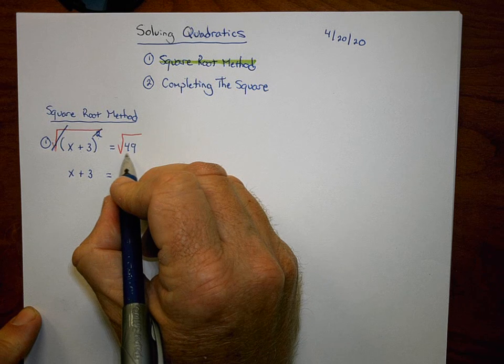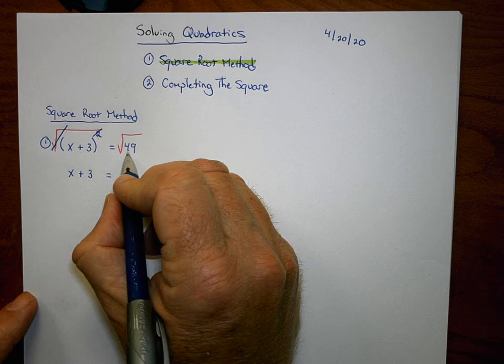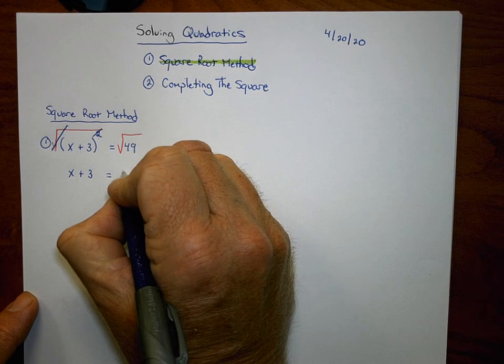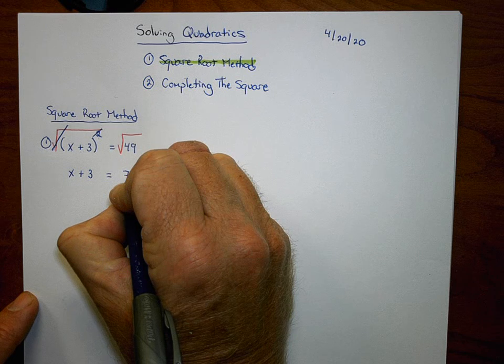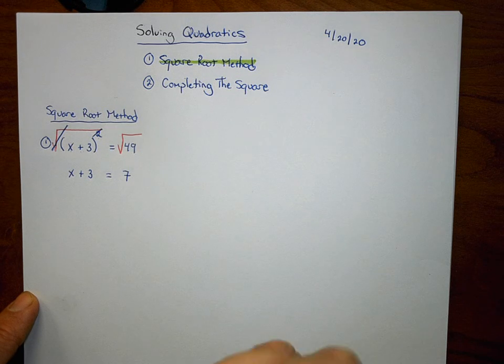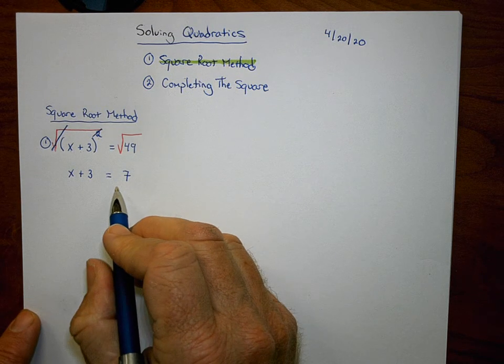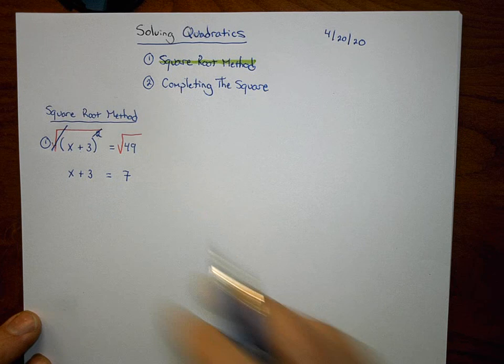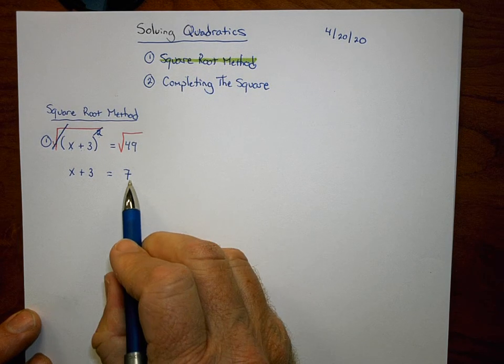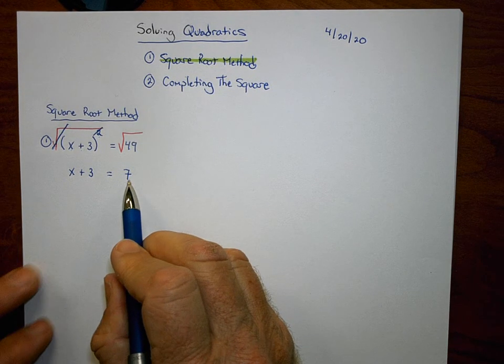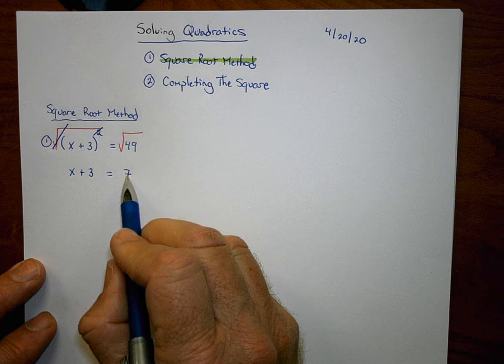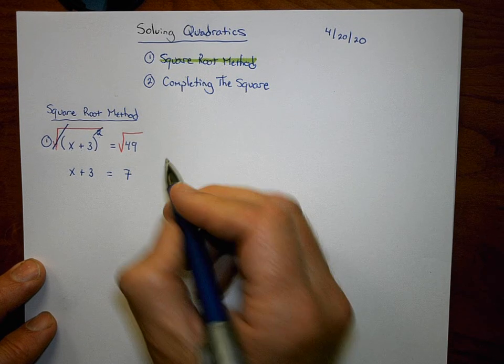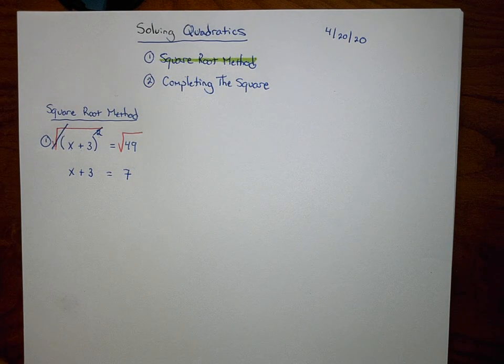Okay, now, common mistake, we all know that 7 times 7 is 49. So many people would say the square root of 49 is just 7. And if you say that, you're half right, but you're also half wrong. So the square root of 49 is not just positive 7, it's also negative 7. Okay, so why is that?